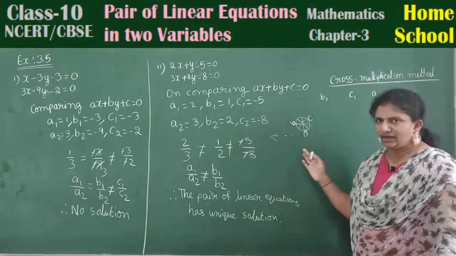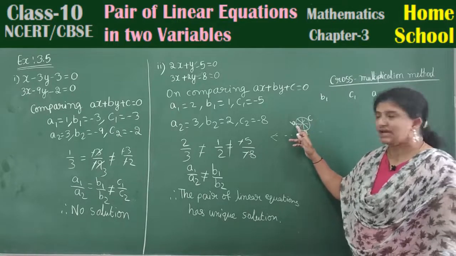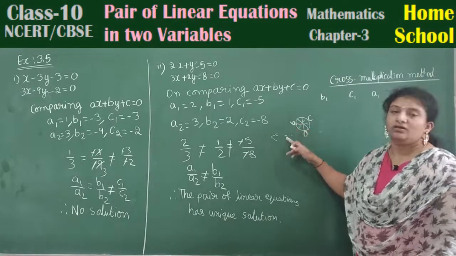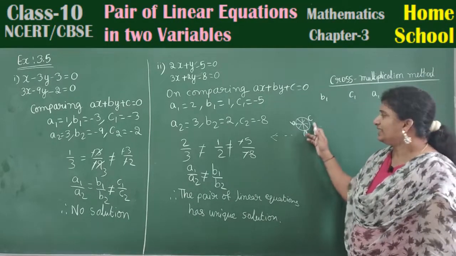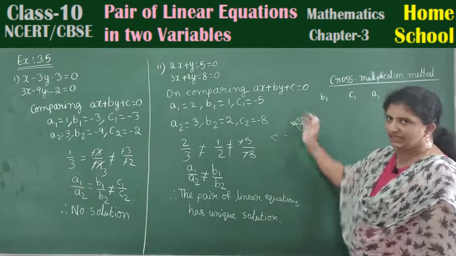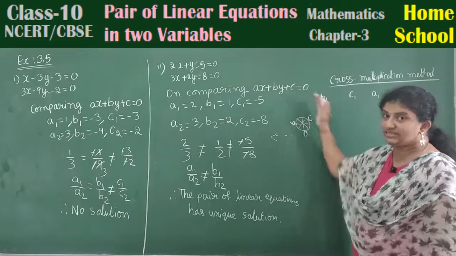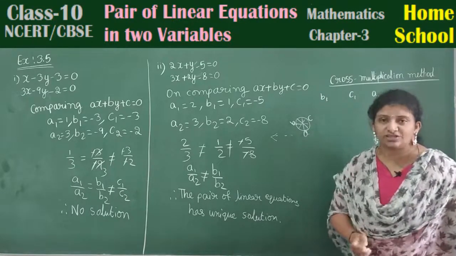Or whatever it might be, just understand. Your wheel starts at b, where it touches the ground. How does it touch, children? The wheel is rotating here. b it touches first, right? Next c, next a, next b. Okay, how do you remember this cross multiplication method?